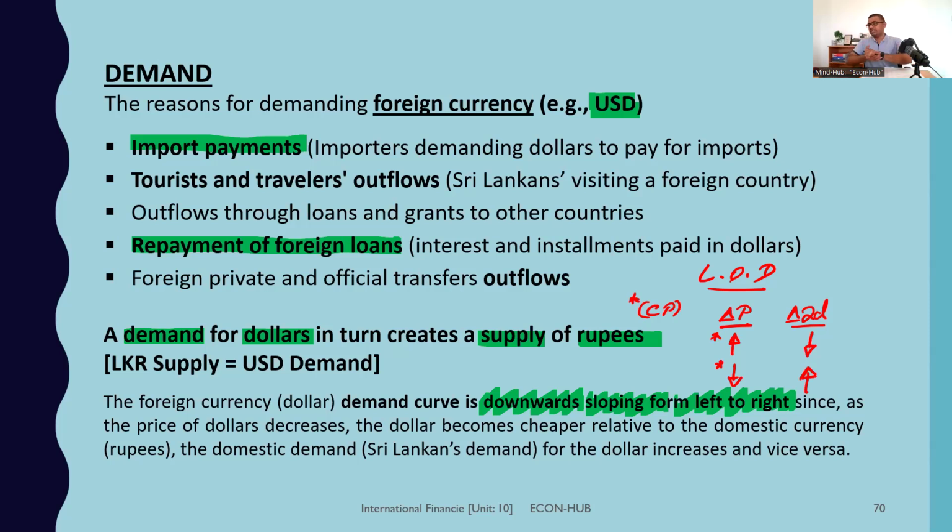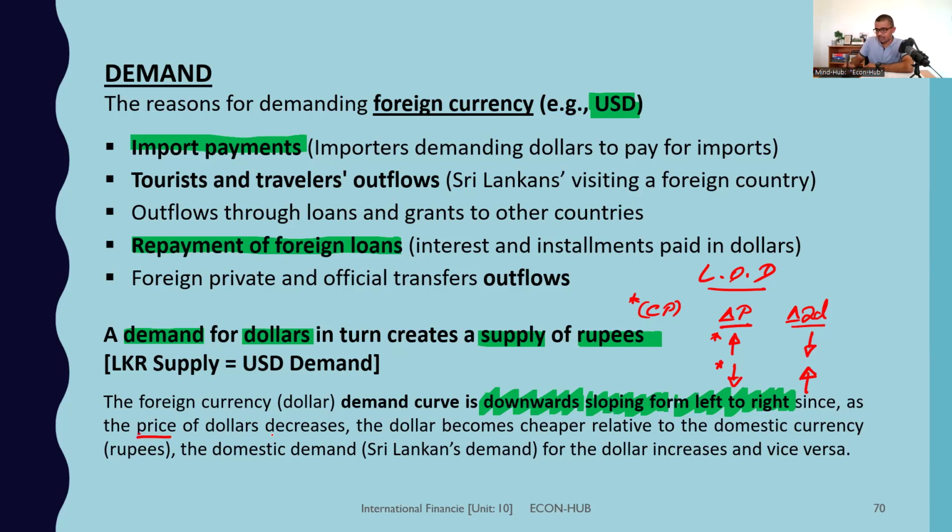That same thing you will see with the dollar price and the dollar demand. Got it? Bring that knowledge you have and apply it here. Read this with me. Since as the price of dollars decreases, now what is happening?